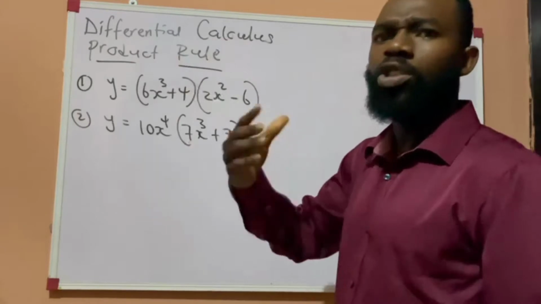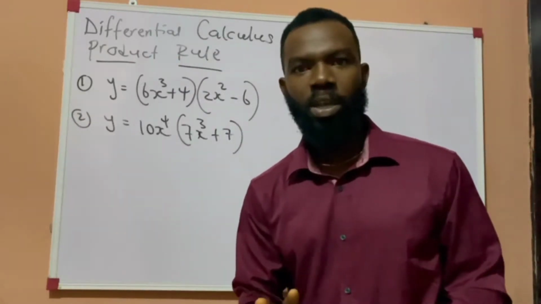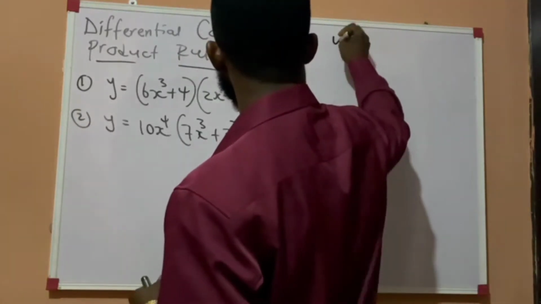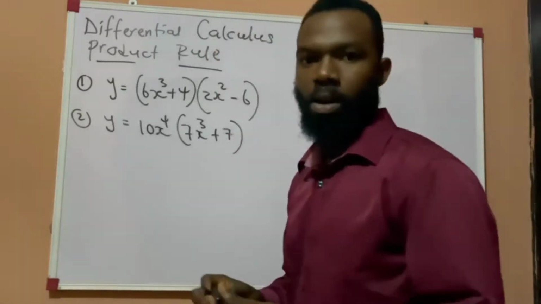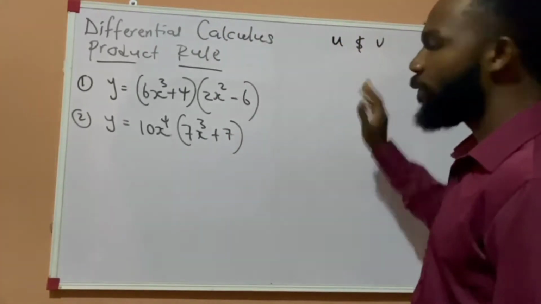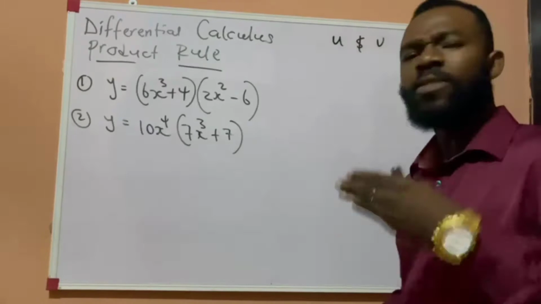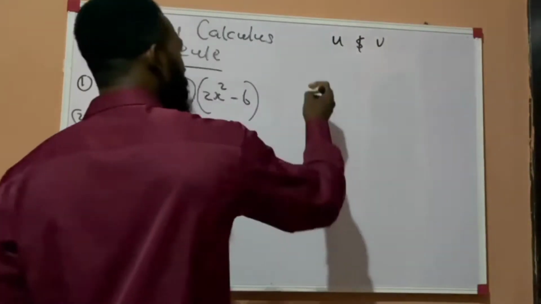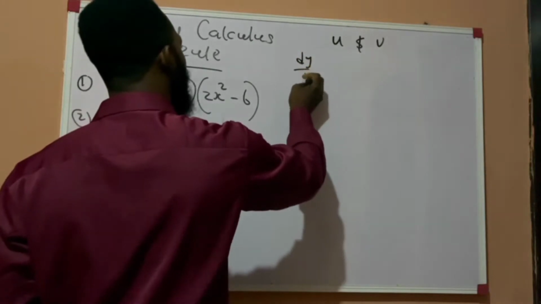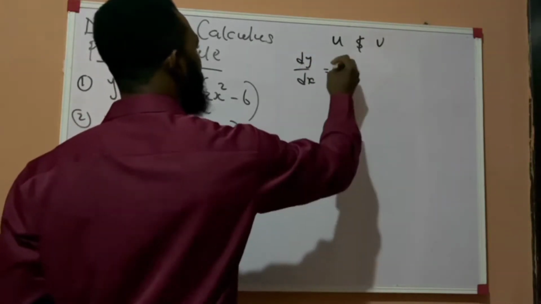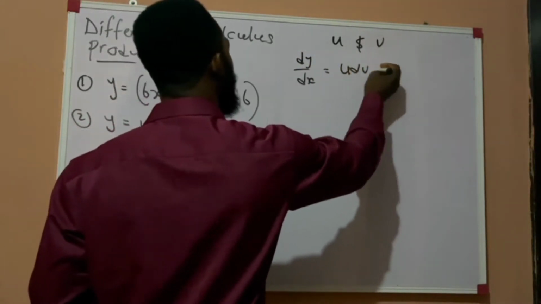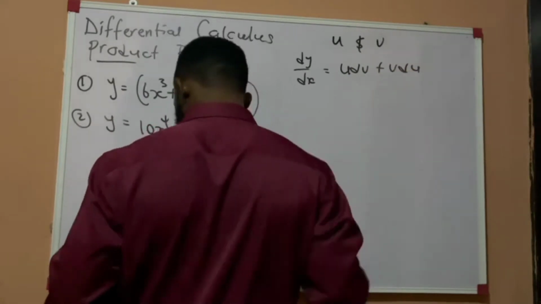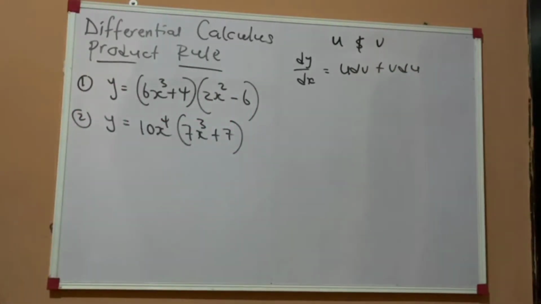First of all, product rule involves two functions, and these two functions are known as u and v. It has a formula: dy over dx is u dv plus v du.